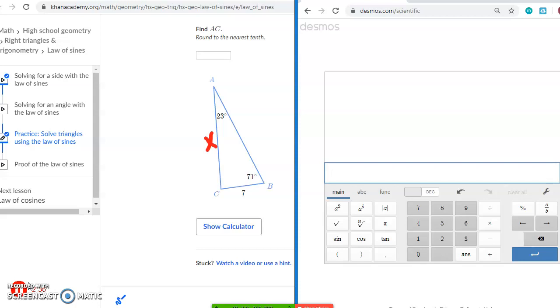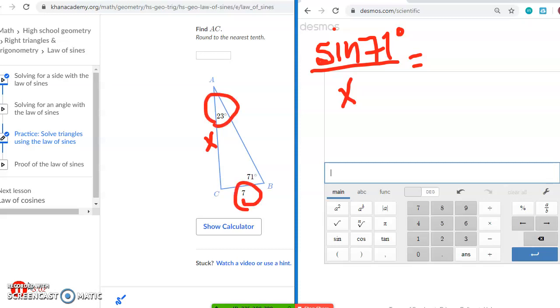So we know that there's a relationship between the sine of the angle opposite X, so sine of 71 degrees over X. And we know that we can set it up as a ratio to the other stuff that we know. So we know this angle and this side, and they are opposite each other.